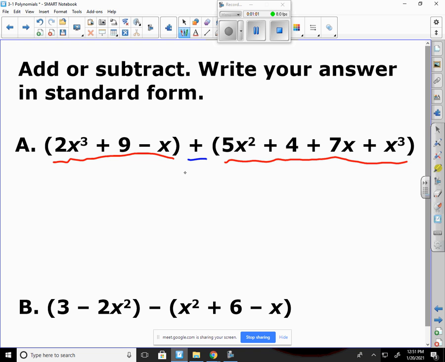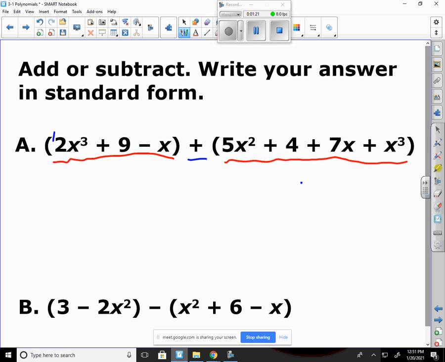And if I leave them in this form, then what I actually have to do is figure out what goes together. So basically, if I'm looking at like terms, I'm looking at the terms that have the same variable and the same exponent. So everything in here either does not have an x or has an x with a different exponent, right?